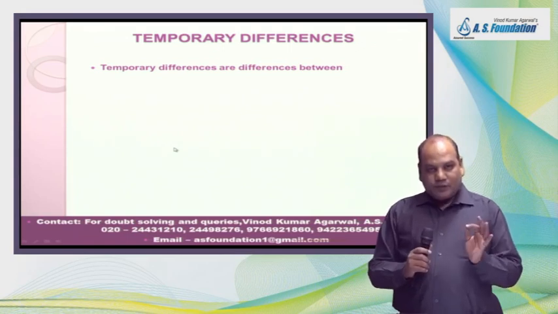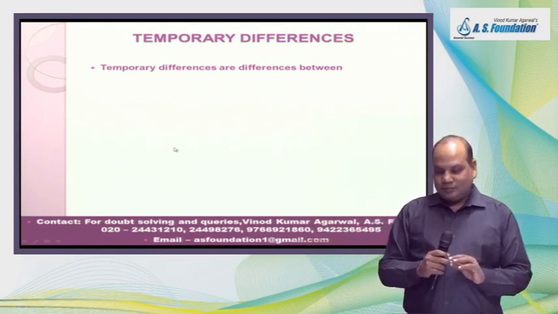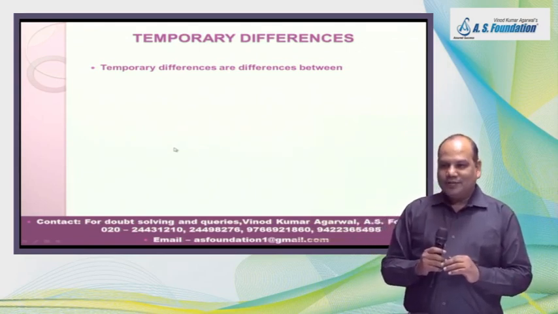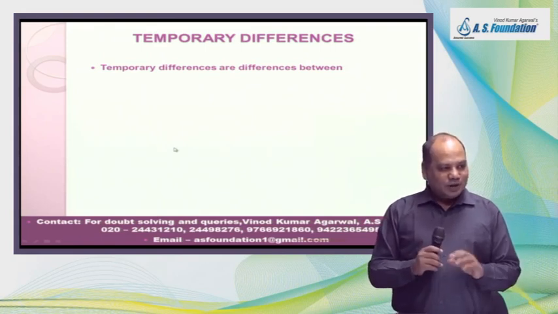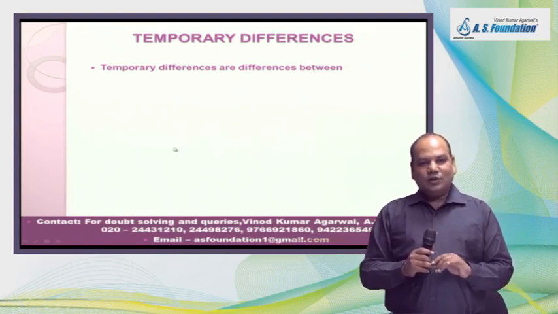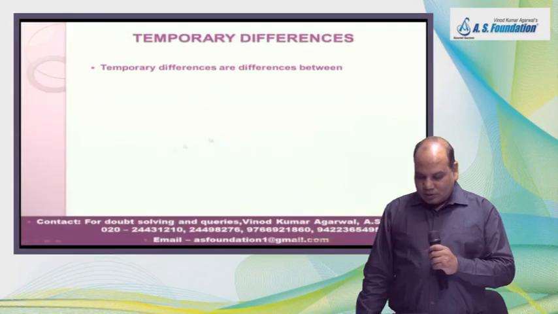Now, if the tax base of an asset or liability is different from the carrying amount, then only the standard comes into play. Then we have to compute what is called deferred tax.